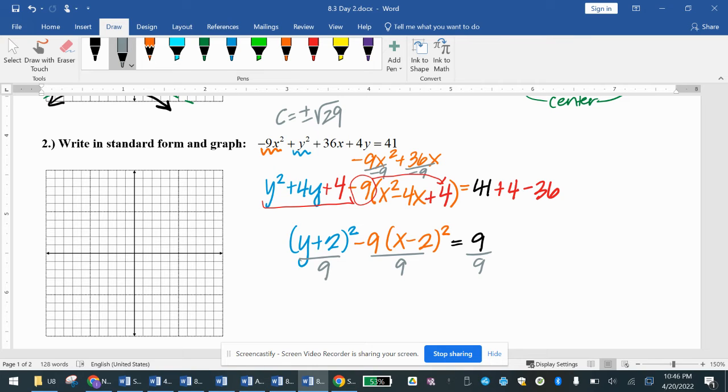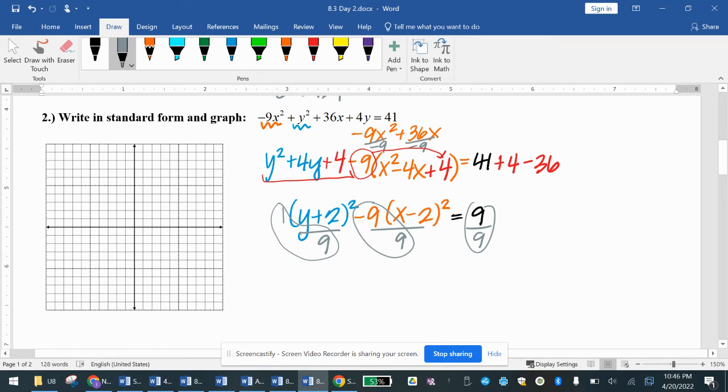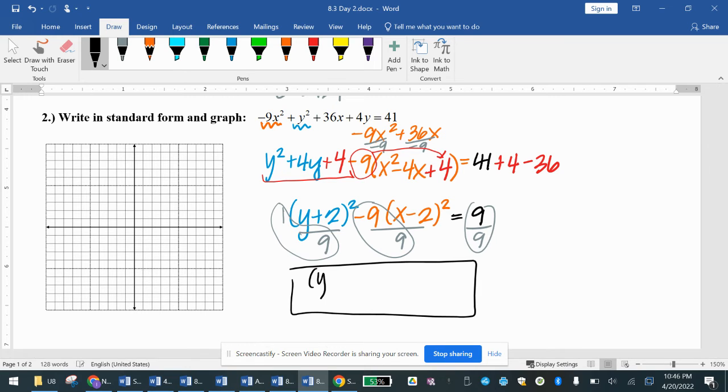I noticed on your quizzes that some of you only divided the first fraction by 9. You have to divide every single piece by 9, okay? So that's both the y plus 2 quantity squared that needs to be divided by 9 and the negative 9 times x minus 2 quantity squared. So all you do now is reduce, reduce, reduce. That's going to give you a final answer of y plus 2 quantity squared over 9 minus x minus 2 quantity squared over 1 equals 1.